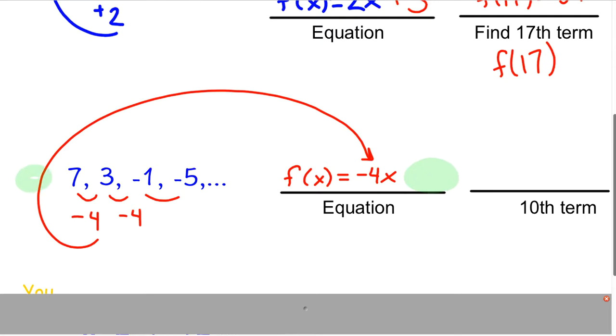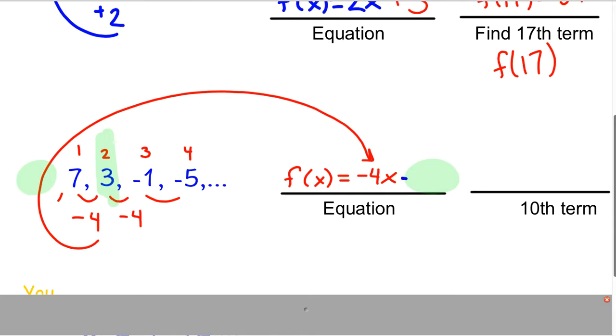I can find the 0 term, the term that would go before my first term, second term. Or I can use the same pattern that I've done before, where I pick a point, plug in a 2, and try and get to 3. -4 times 2 is -8. I'm supposed to be at 3. Means I have to add 11.